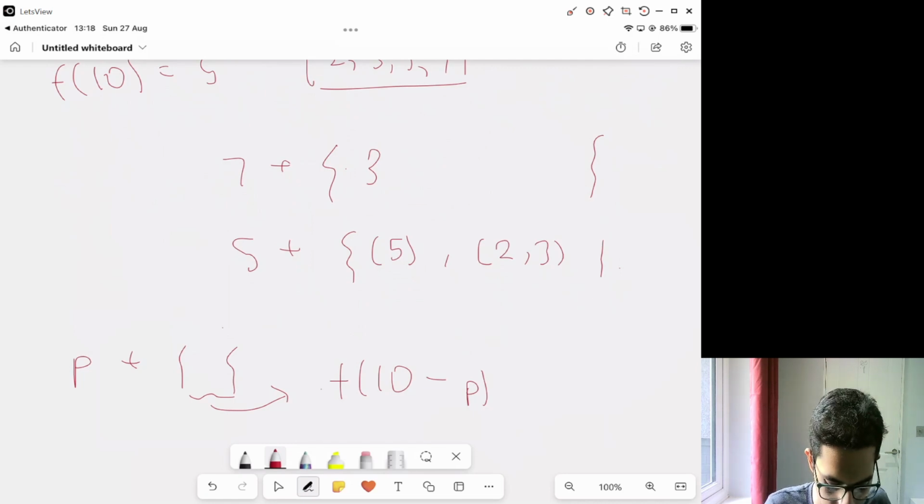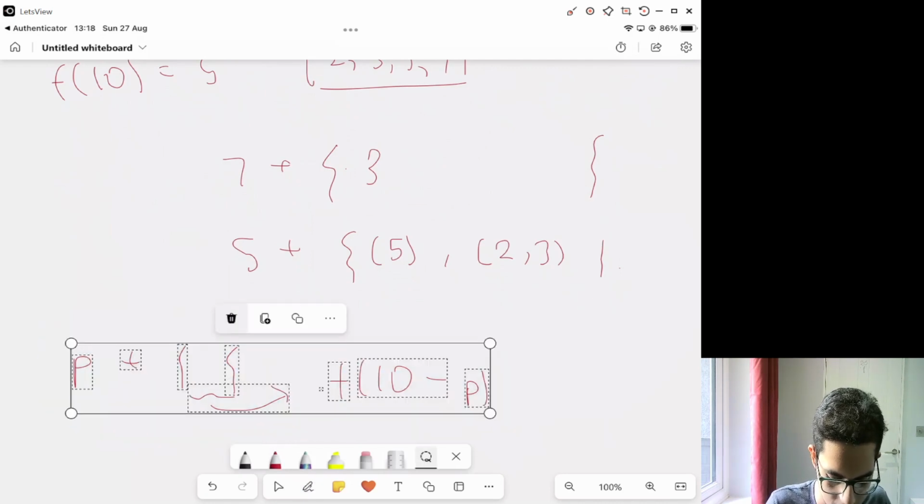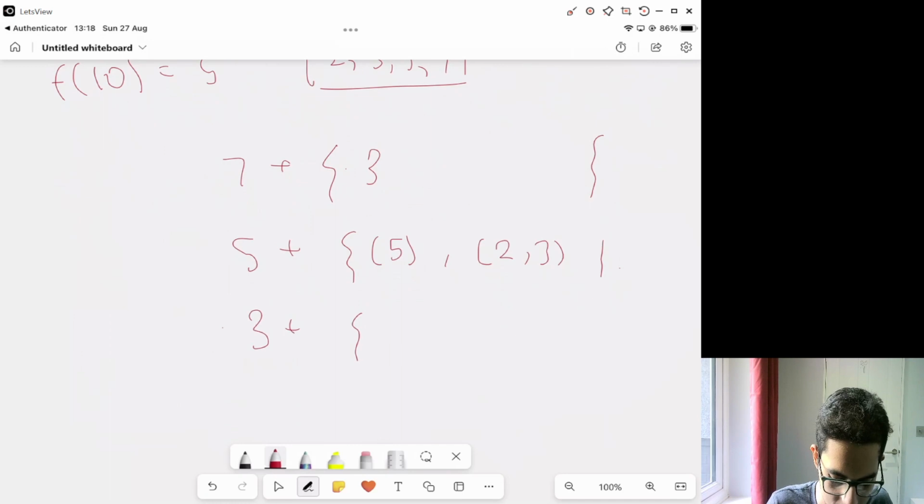However, if we go with this approach, we encounter one problem. I'll just carry on with this wrong approach, by the way, it's not correct, and then hopefully you can see why. So if we continue with 3, and explore the number of ways in which we can get to a sum of 10 if we have 3, we could have a 5 or a 2, or a 7 over here.